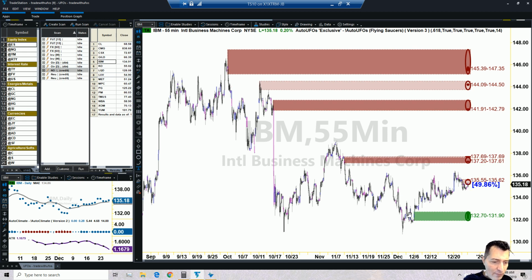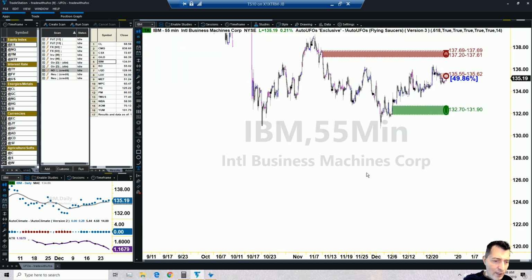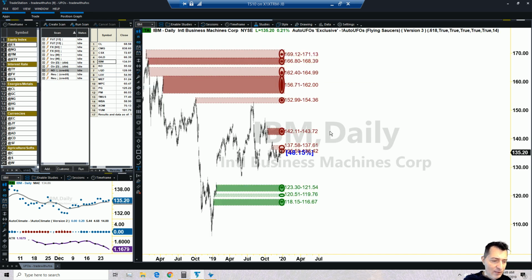Now, for me to plan on non-directional trades, I need green UFOs and red UFOs. I need both, the green and the red, and therefore I want to see how far in time I need to go to find green UFOs that seem to be located somewhere around January earlier this year.